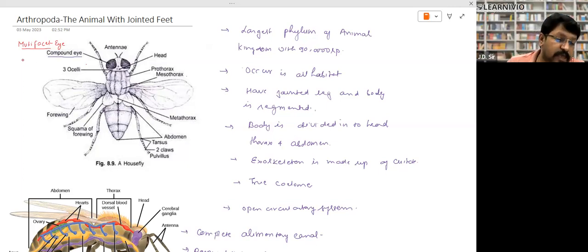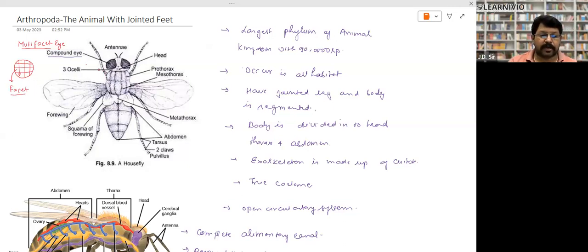And they have a number of facets, so this is called multifacet, right? As you can see in a multifacet or compound eye, there is a tile-like structure. They have this kind of structure, and every structure is called a facet. So they have multiple facets, so multifaceted, right?